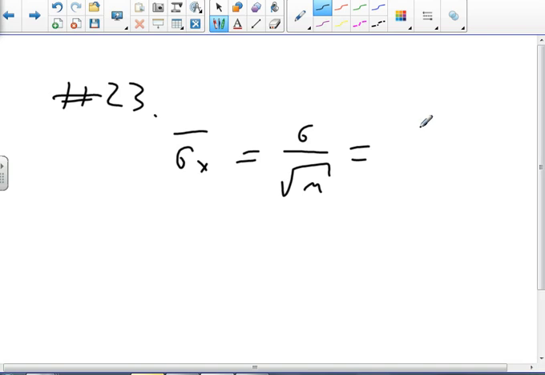So this is going to be 4,000 divided by the square root of 60 instead of 4,000 divided by the square root of 30 because we changed our sample size.